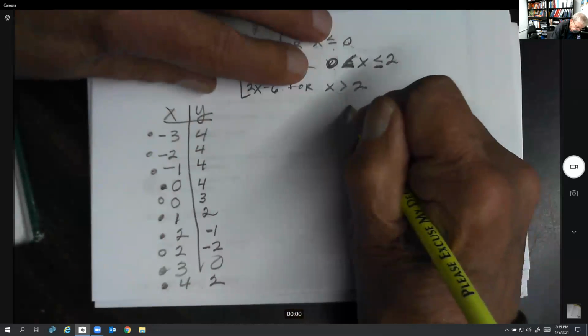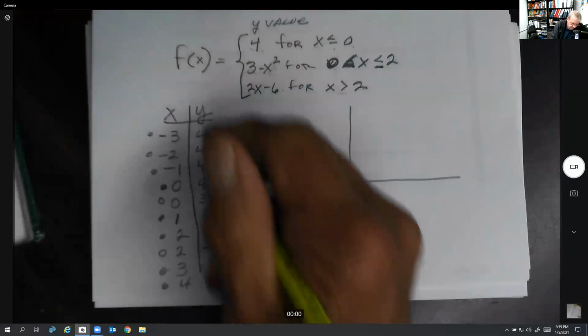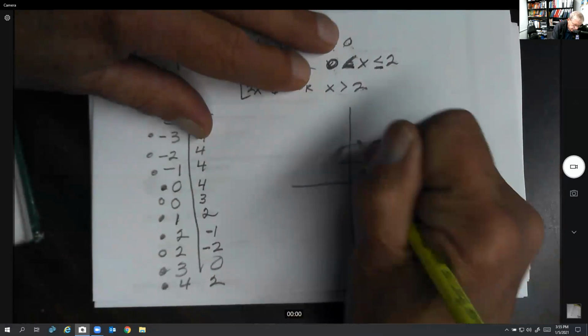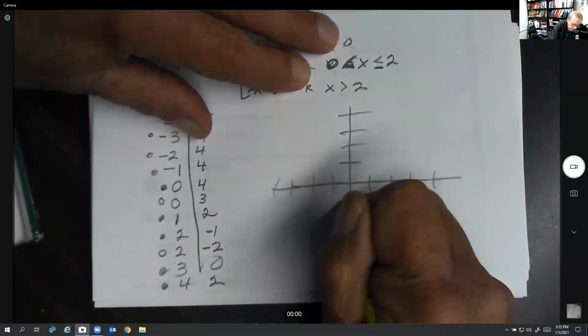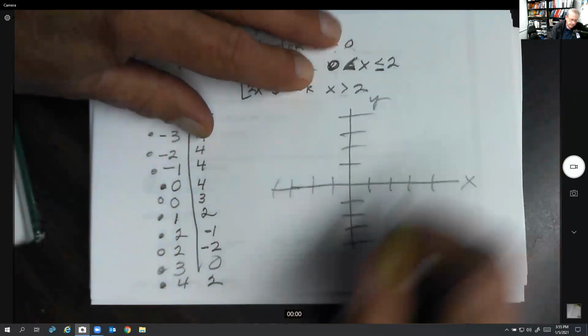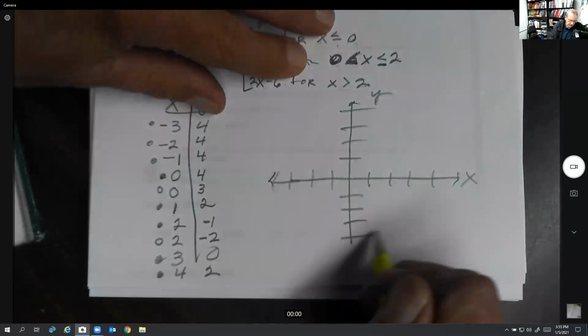So now I'm going to graph this. And it looks like I don't have to, most of the numbers are fairly small. This is X, this is Y. Okay. Let's graph this thing.